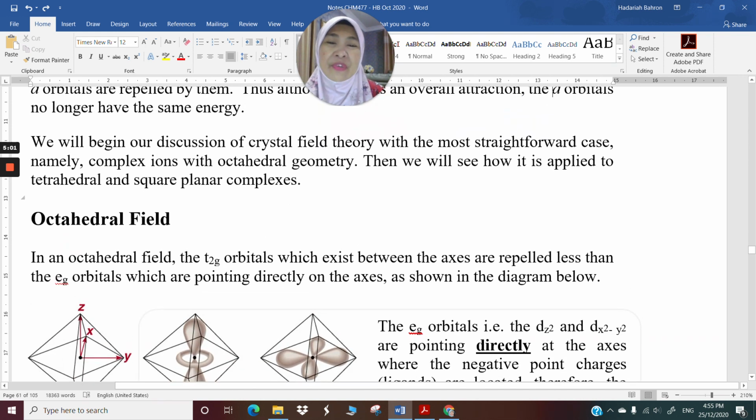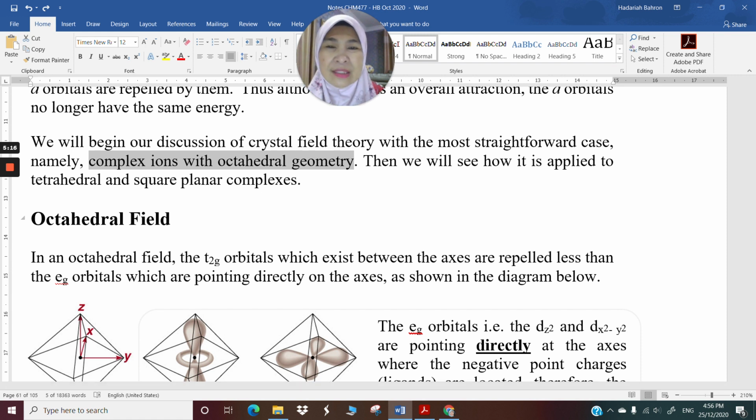Now we will begin our discussion of crystal field theory, CFT, with the most straightforward case, which is the complex ion having octahedral geometry. When I was explaining valence bond theory, I also started with octahedral because it is really quite straightforward. It is the most symmetrical geometry.